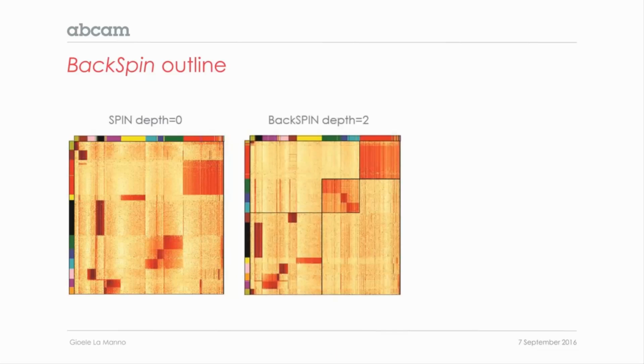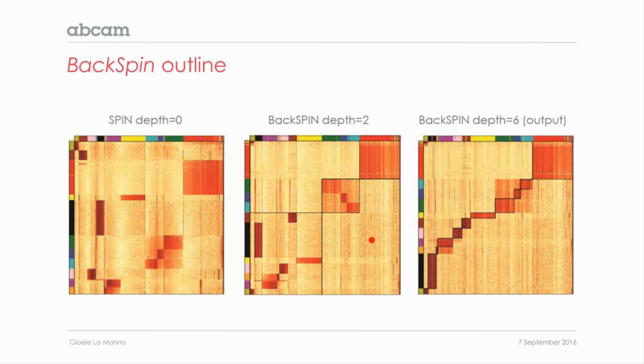And this is how it looks, for example, after 2 splits. And you can see that, for example, in 2 splits, we were supposed to get up to 4 clusters, but actually we see here 3 clusters, because this cluster, for example, cannot be split anymore. So the algorithm just stopped splitting it. While if we now continue and do more splits in the backspin, for example, after 6 splits, this is the picture that we are going to see.